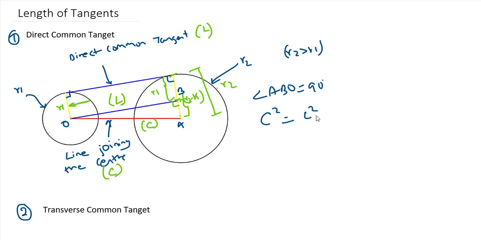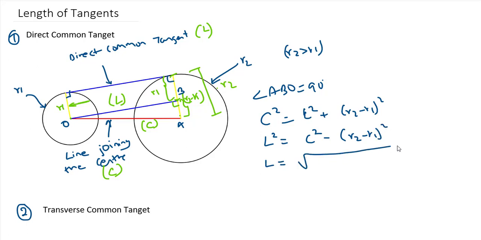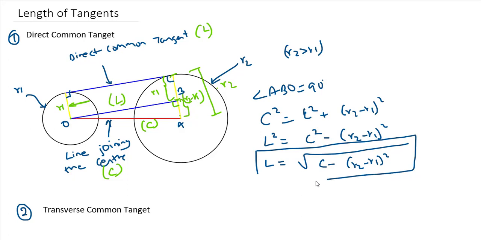From here we get L square is equal to C square minus (R2 minus R1) the whole square. So L will be equal to the square root of C square minus (R2 minus R1) the whole square. So this is the formula for the length of a direct common tangent.